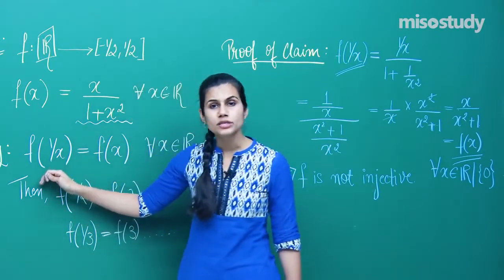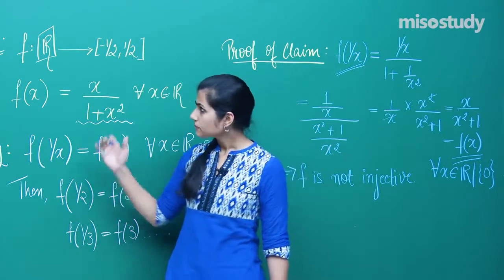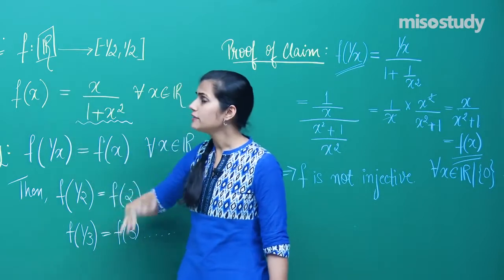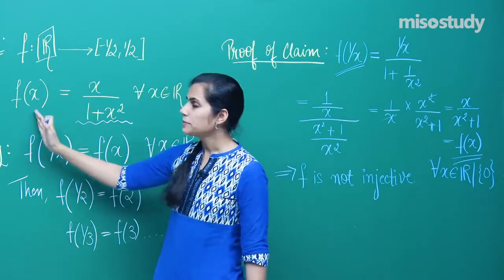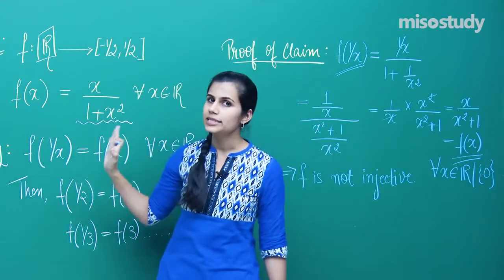You can use other methods also. For example, if it was very evident to you, you could have directly said that if I substitute 1 by 2 or if I substitute 2, the result will be the same.